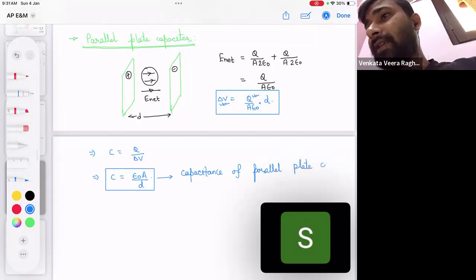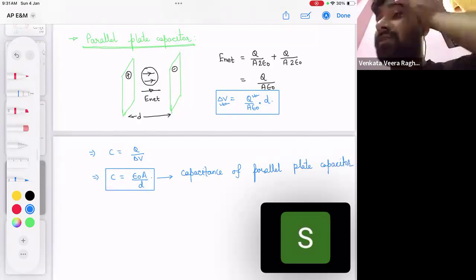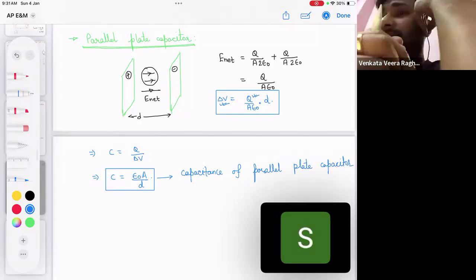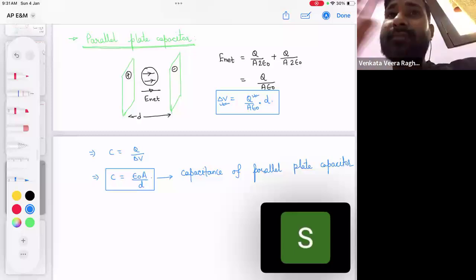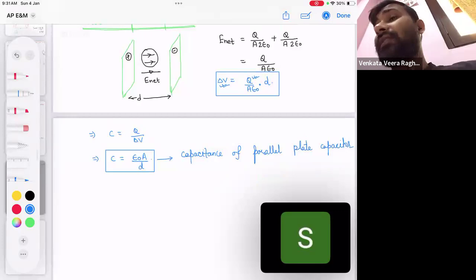Okay, parallel plate capacitor. And what is the medium we are using here? The medium we are using is vacuum. That's why we are using the permittivity of the medium as epsilon naught, isn't it? That means the medium is what? Vacuum.